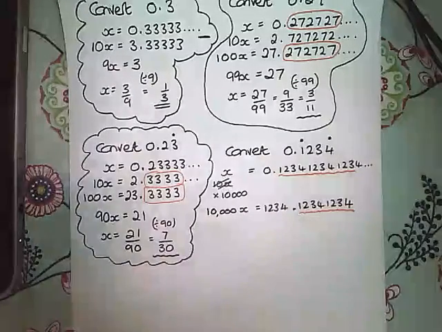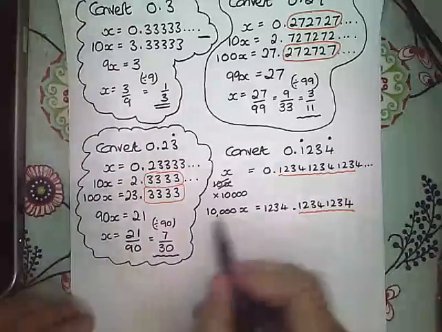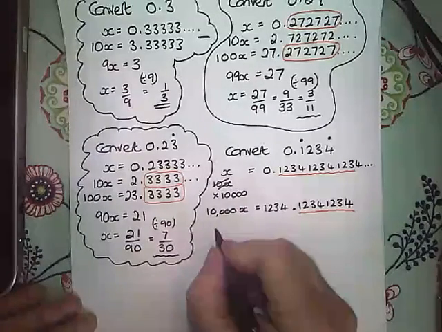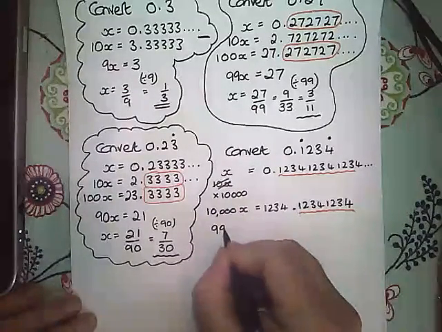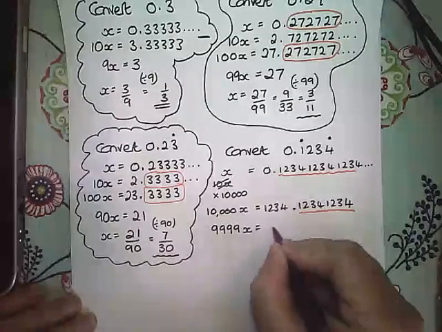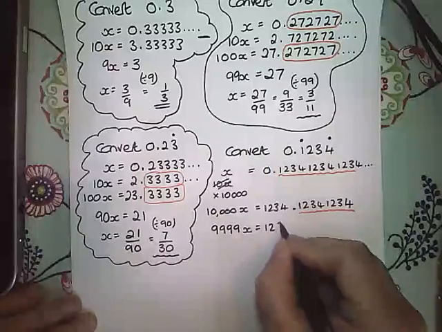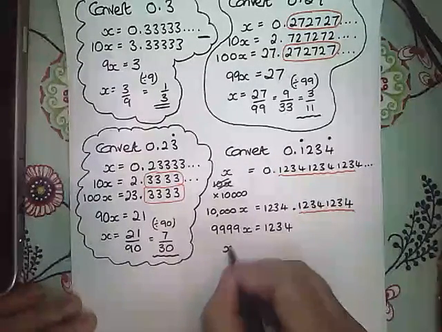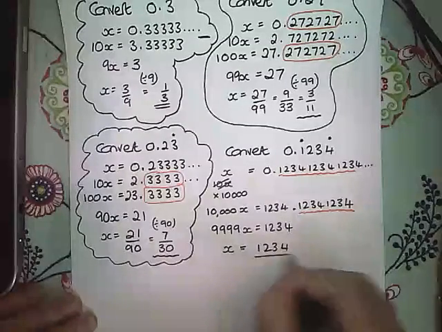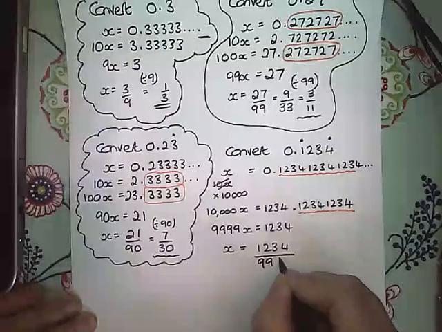So if we subtract those two from each other, so 10,000x take away 1x is going to be 9,999x, and that's equal to 1234, and then x is equal to 1234 over 9,999.